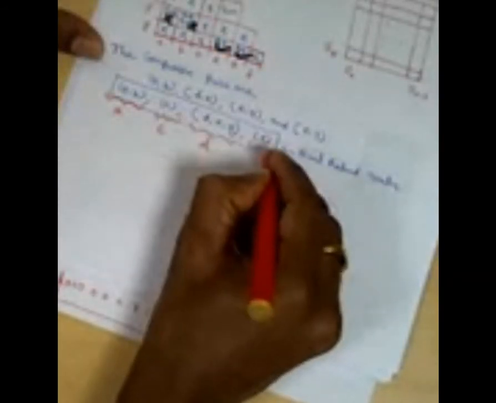So now we take this as A, this as C, this as D, and this as F. How many states are there in total? A, B, C, D, F are just variables, because finally we are going to use only flip-flops.